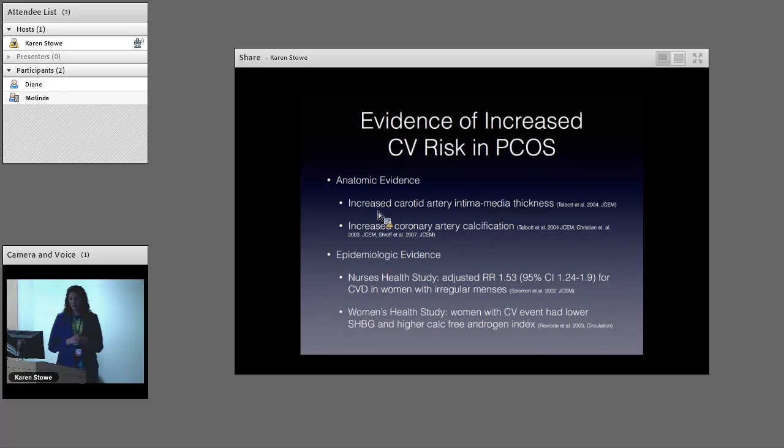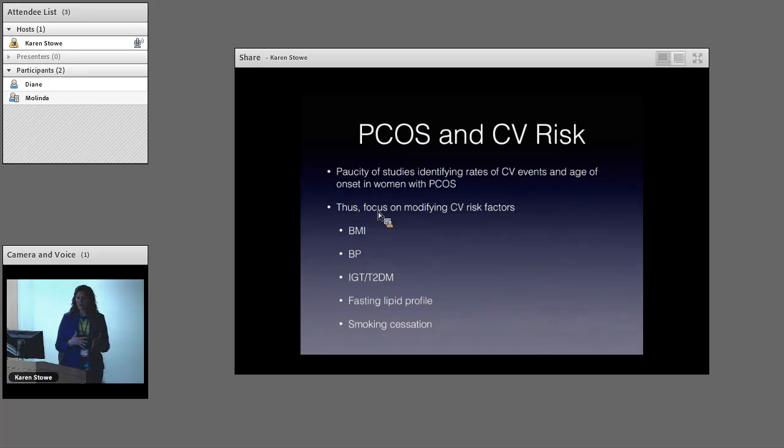It's also important to do the 2-hour glucose tolerance test in women who are considering pregnancy, because if that's positive, they're at even higher risk of developing gestational diabetes. And once you've done the test, it's recommended that it be repeated every 3 to 5 years, unless, of course, they're already on insulin-sensitizing medication.